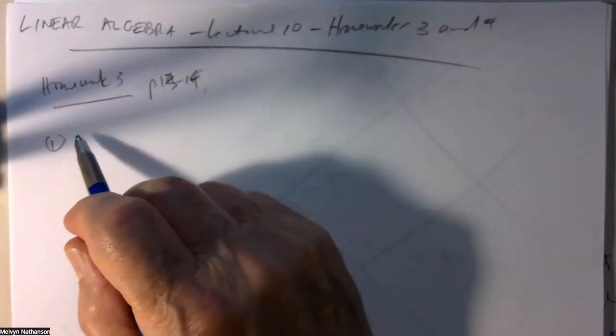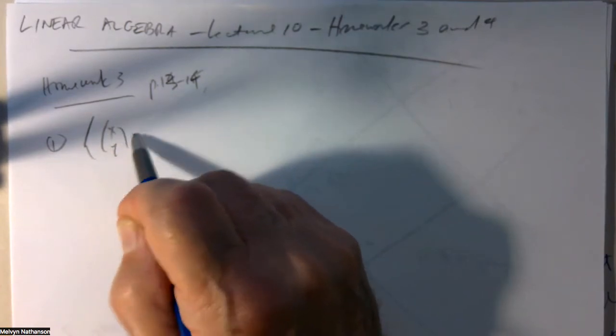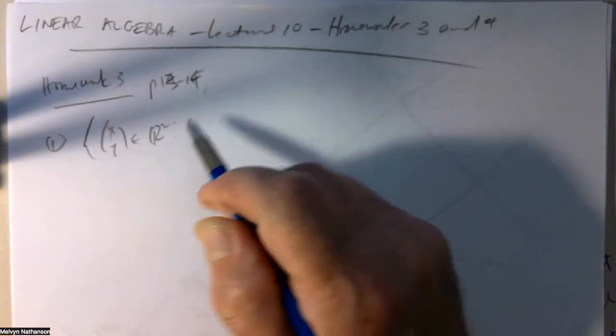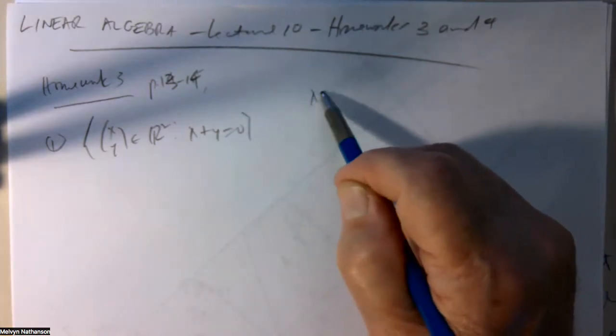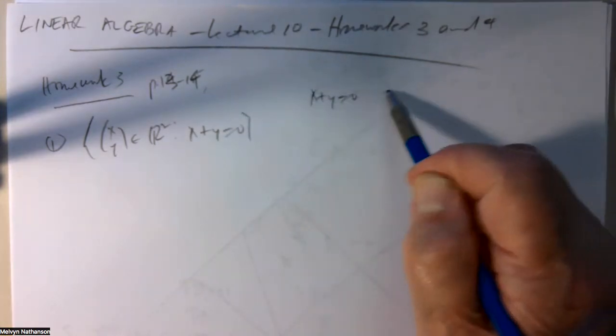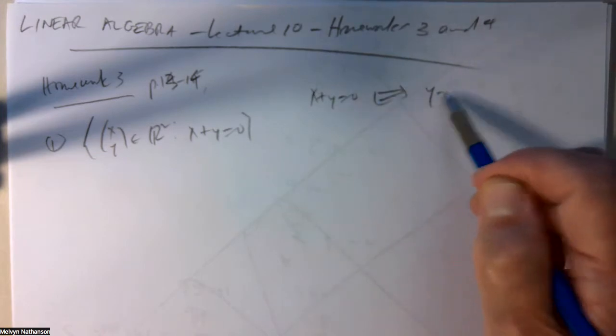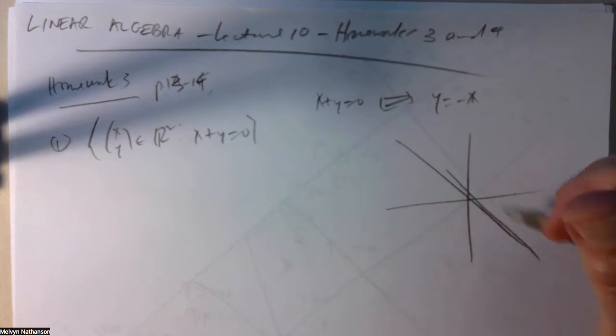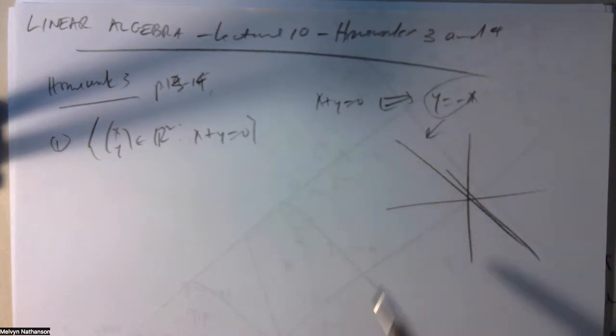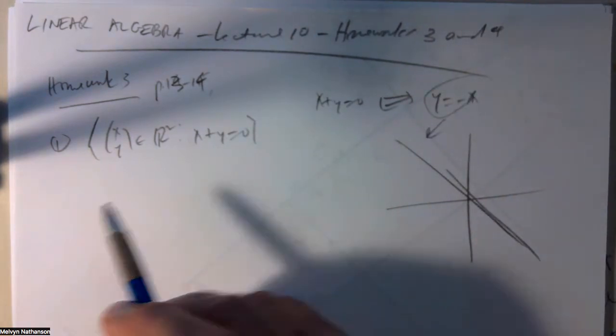So we're looking at the set of all vectors x, y in R2, such that x plus y equals 0. x plus y equals 0 is the same thing as y equals minus x. So that's just the line y equals minus x in the plane. That's all it is.